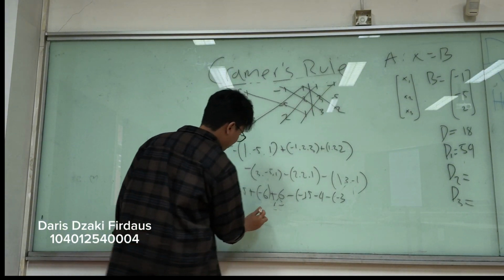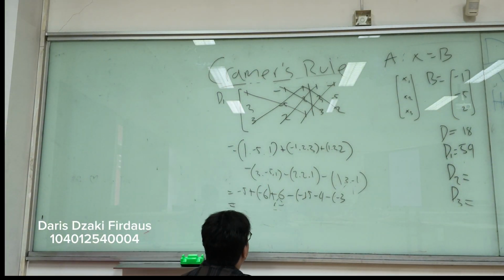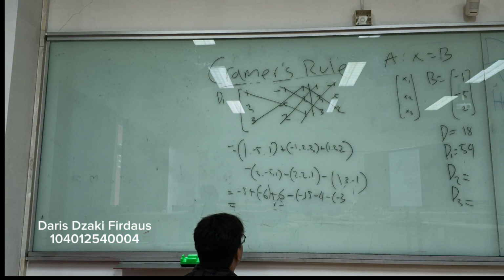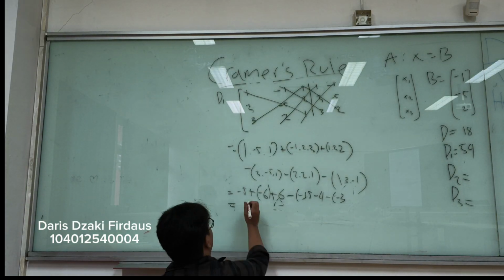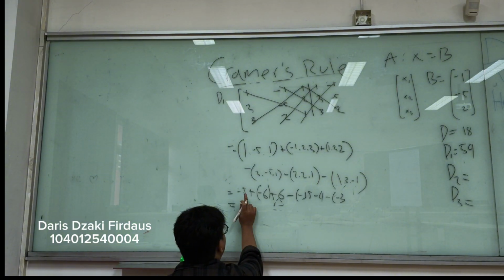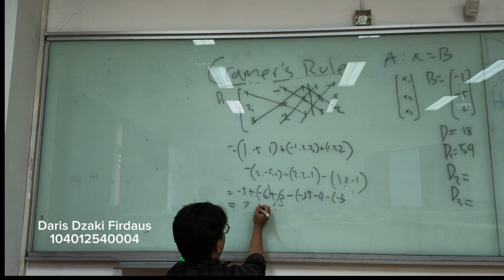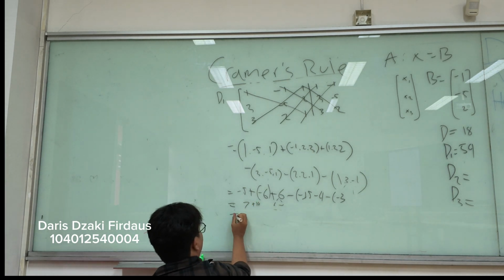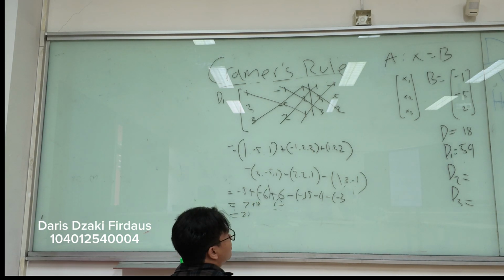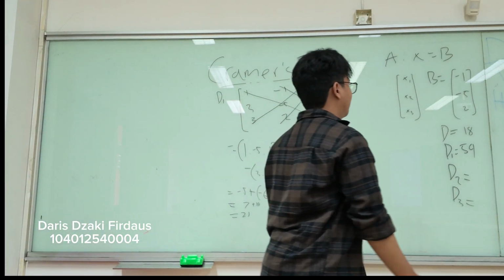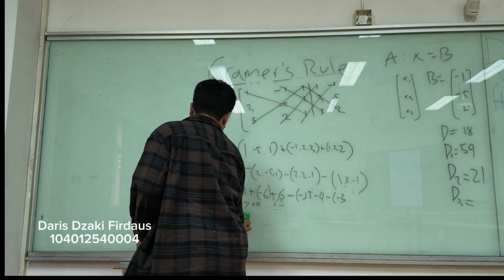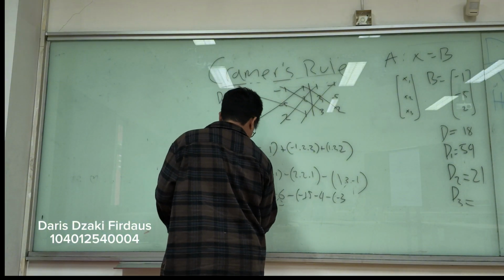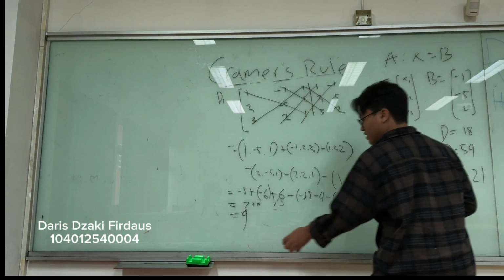So we get 7, plus by 8, 14. So we get 21. Sorry, we get 9 for D2.